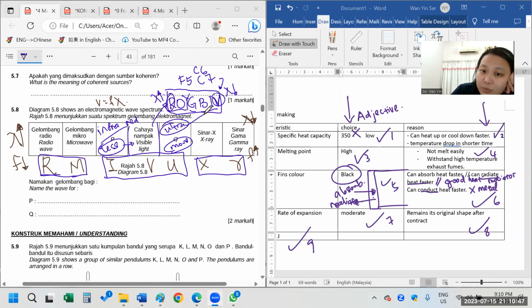Teacher, what if I just put UV short form? I'm not quite sure.